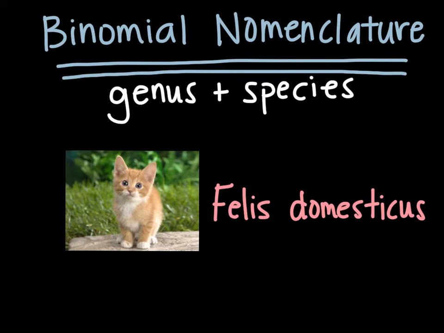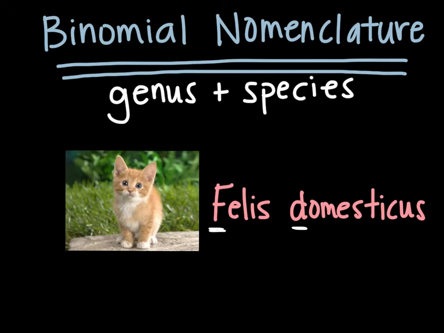So you might look at this picture of this little kitten and just call it a cat because that is the common name. But its scientific name using binomial nomenclature would be Felis domesticus. And as you can see here, the first letter of the genus is capitalized, and the first letter of the species is lowercase.